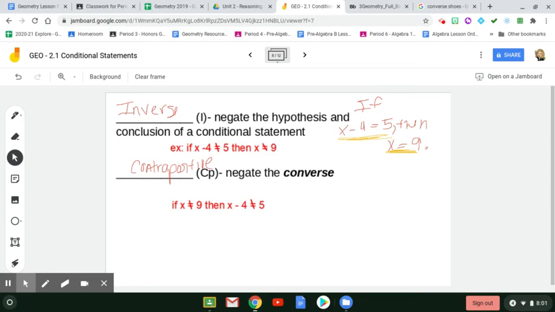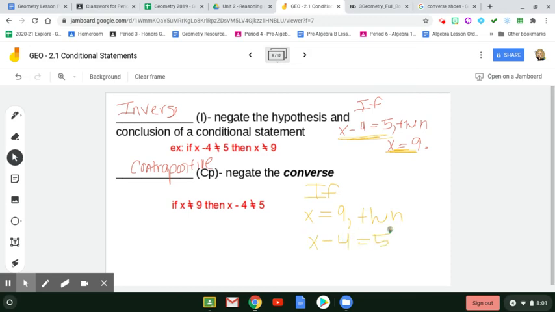If I take the negation of the converse, remember what the converse is? The flip-flop, right? So if I completely flip-flop these things around and negate them, the flip-flop, or converse, was if x equals 9, then x minus 4 equals 5.